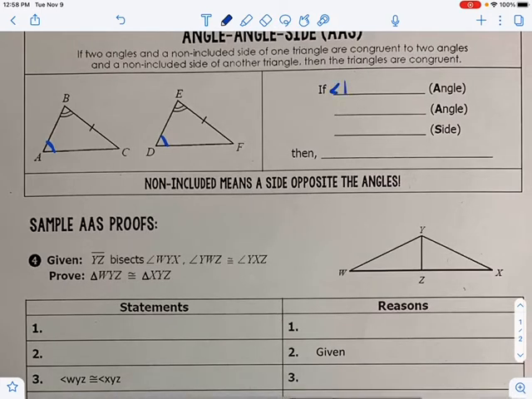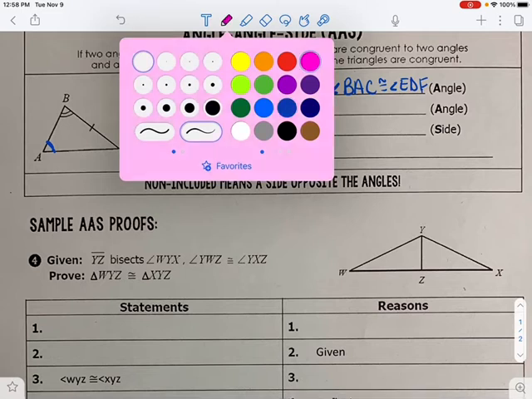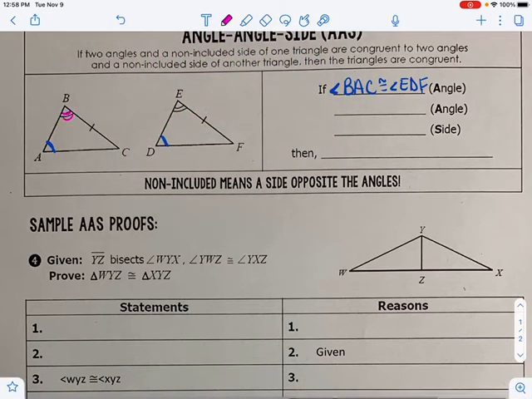So I can say angle BAC is congruent to angle EDF. Then we are looking for the second set of marked angles. I will change color. Second set of marked angles are up at the top of the triangles.